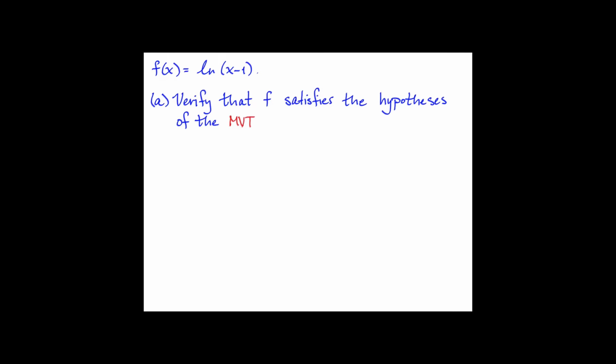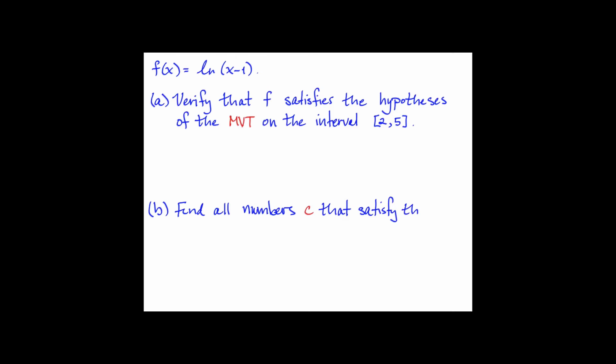Let's look at f of x equals the natural log of x minus 1. So first, we're going to verify that this function f satisfies both hypotheses of the mean value theorem on the closed interval from 2 to 5, and then we're also going to find all the numbers C that satisfy the conclusion.